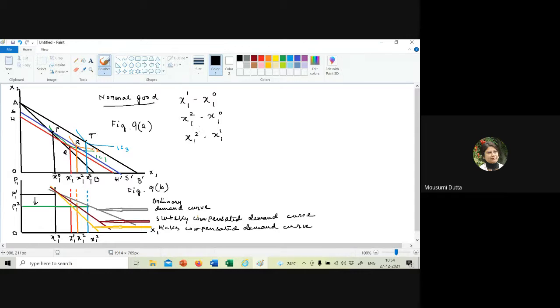In figure 9a, as the price of x1 falls, the real income of the consumer increases.